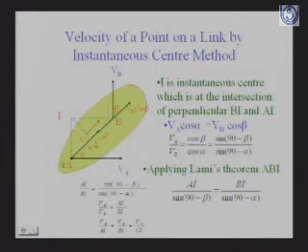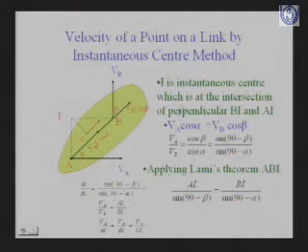Now see this figure: this is a body, this is a link AB, and this is the direction of velocity of point A making alpha degrees with the link. Similarly, point B has a velocity direction making beta degrees with this link. Now I is the instantaneous center.